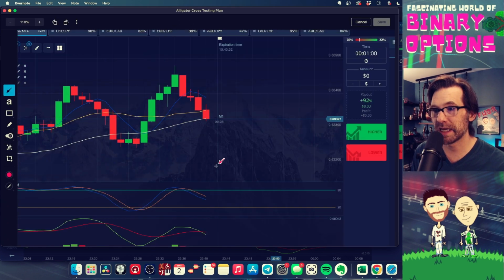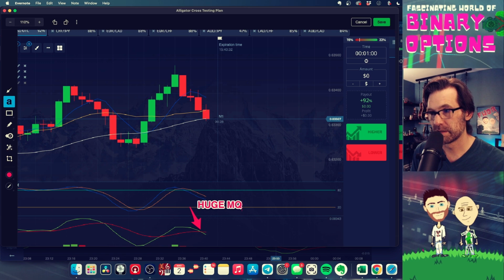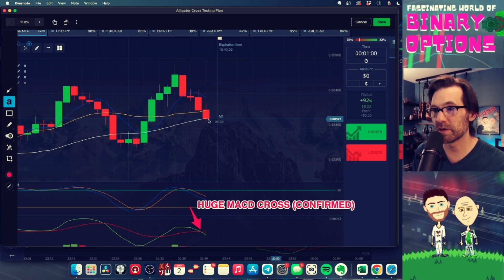was a little sketchy, other than it had a huge MACD cross. Okay, this is a huge MACD cross. And it's confirmed. As soon as it confirmed, it was on the white line, but it was heading down. This white line would usually be trouble.